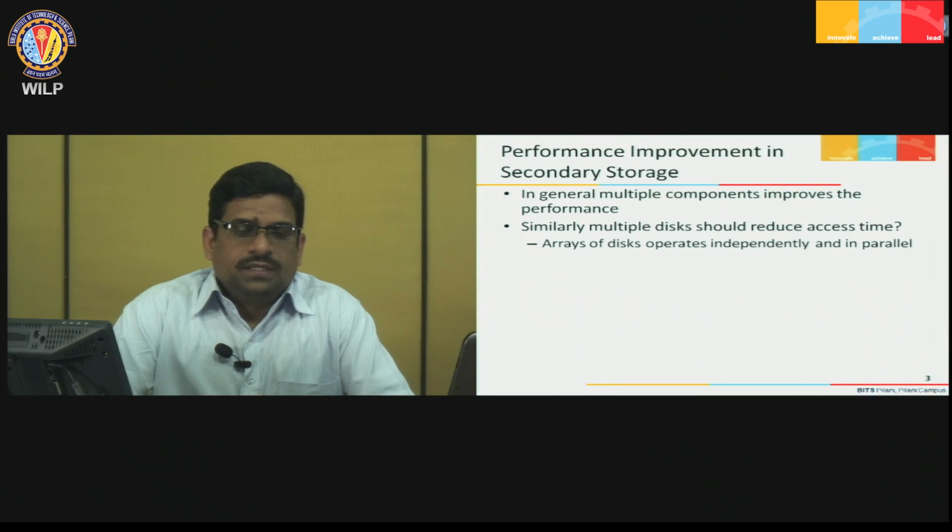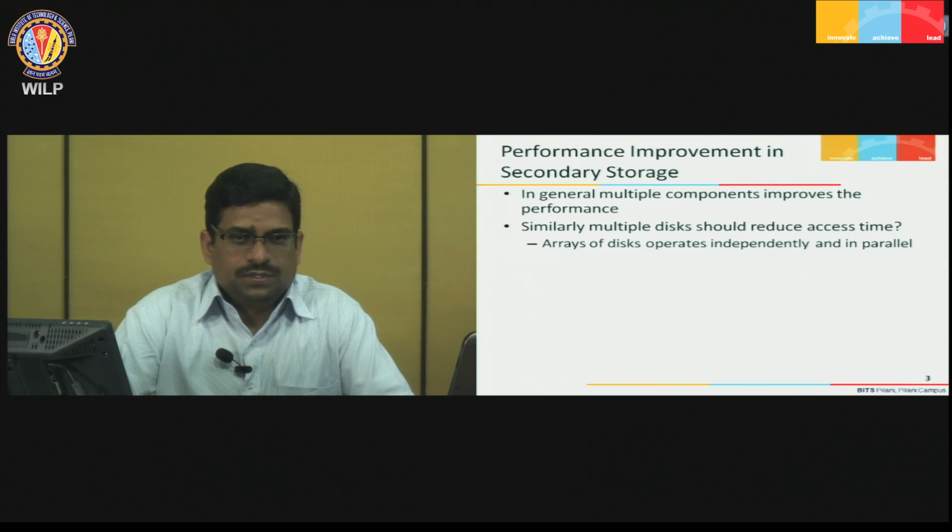So, as we know, we have the memory hierarchy in the computer system, beginning from cache memory to main memory to secondary storage. Initially there was no concept of cache memory, then it was introduced to reduce the access time for the processor, because processor speed is day by day increasing and the main memory access time is not decreasing at that rate.